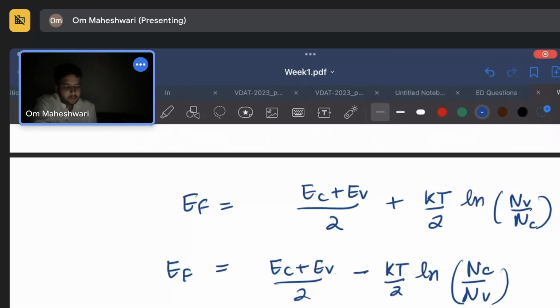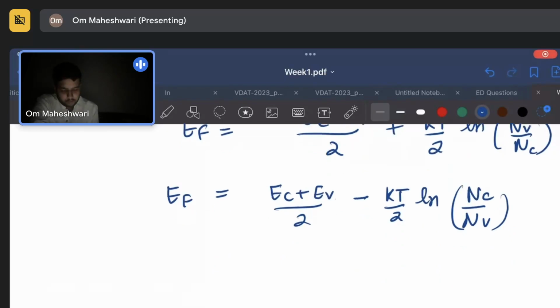Okay, so what we know is, the middle of ec and ev will be ei, that is the intrinsic level of the semiconductor, so I can replace it by ei. ei is basically eg by 2, right?